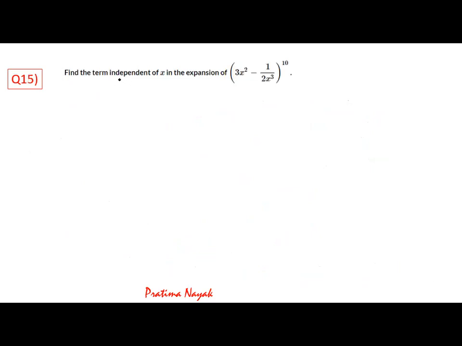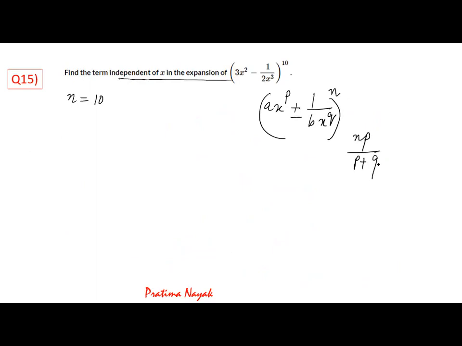Similarly, find the term independent of x in this expansion, (3x square minus 1 by 2x cubed) to the power 10. So n is 10 here. We will compare with (a x to the power p minus or plus b by x to the power q) to the power n. It will be n p by p plus q, that will be r.